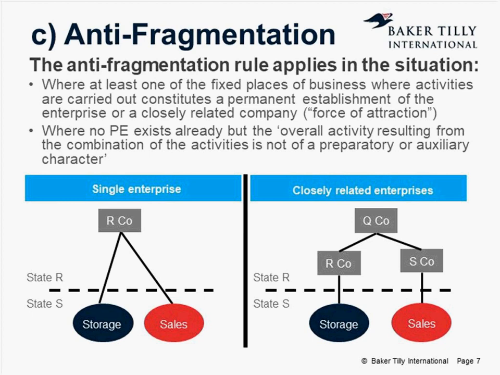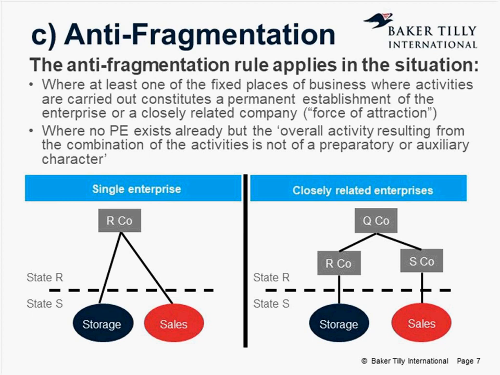So if you look at the chosen example, it's also an example that the OECD usually takes. You have one company that is producing and selling the goods, and another company who is the sales agent.